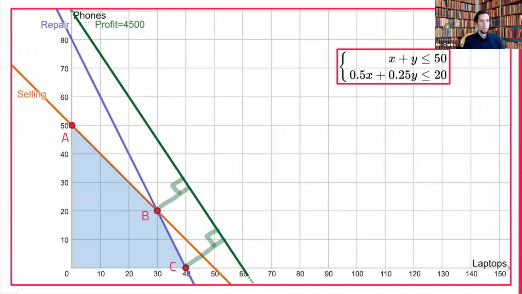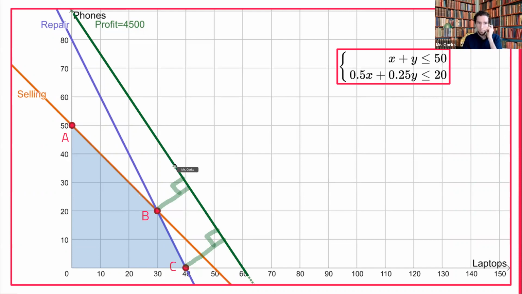Okay, so what we can do is we can choose a new constant for our isoprofit line. Instead of 4,500, just choose a different number, choose a different constant, and that will shift the line. A smaller constant will shift the line closer.